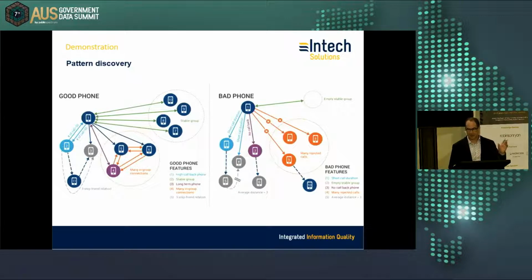It's not done in Australia, but another country is doing this to identify a good phone from a bad phone. And I'll just describe what I mean by good phone and bad phone. I don't know about you, but I quite frequently get spam phone calls, messages from recorded voices saying that I owe the ATO money and I must call them straight away, or they're coming to arrest me.